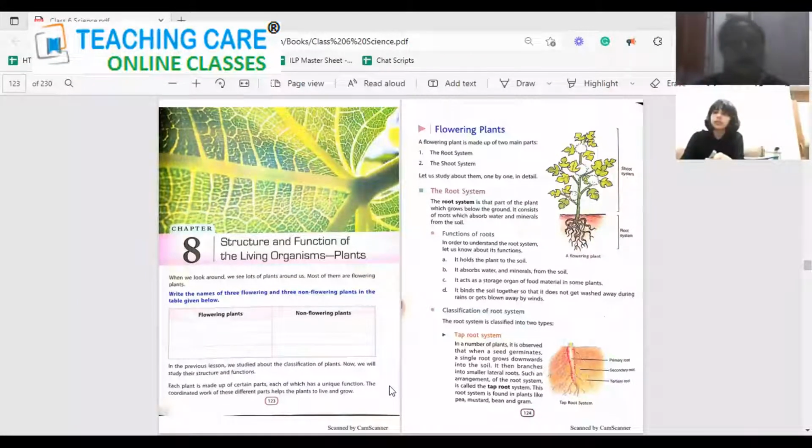Okay, so here is an activity that's been given. Write the names of 3 flowering plants and non-flowering plants. Can you name at least one flowering plant and one non-flowering plant? Ma'am, rose is a flowering plant, dandelions. And non-flowering plants?